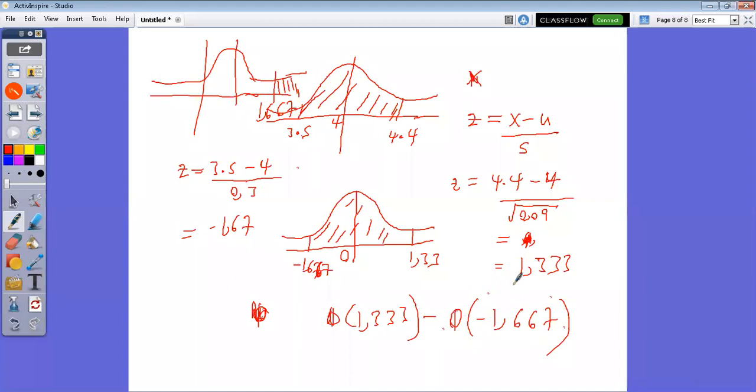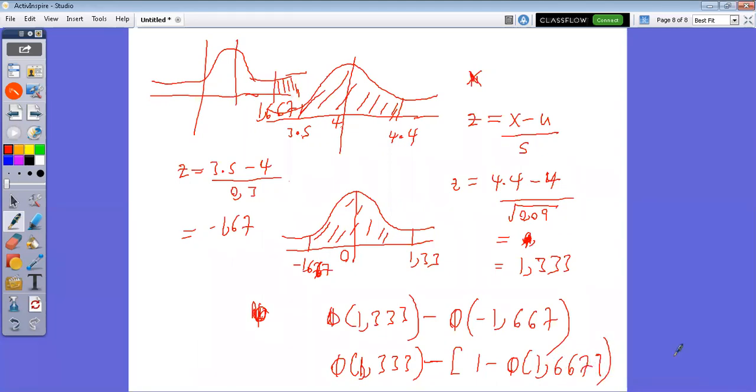So this here is phi of 1.33. Now it's minus what? Remember what we said. If you want this, this here is the same as this. So it's 1 minus phi of 1.667, like this.